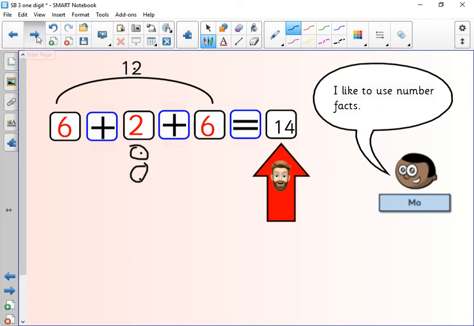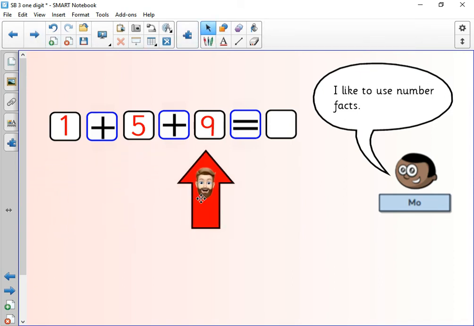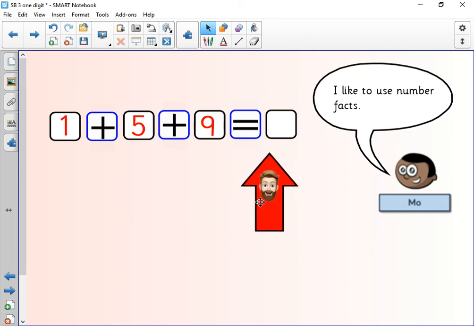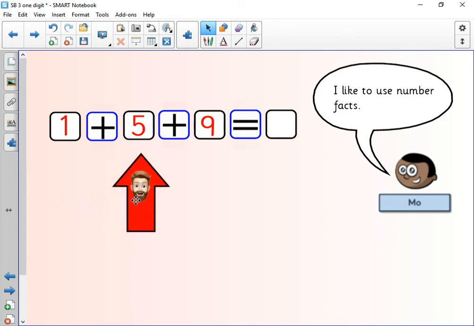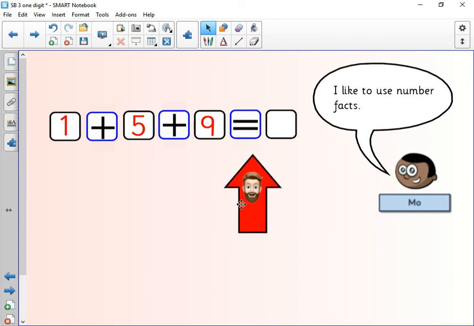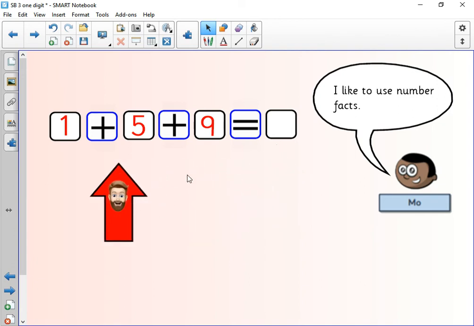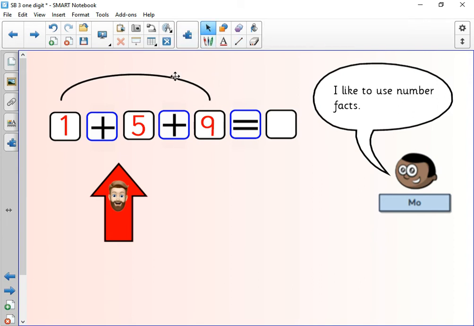One more practice. Look at the calculation. Read the calculation. 1 add 5... Right, where's my number fact? What's the number fact that's going to help me work this out really quickly? Brilliant. Did you spot that 1 and 9 make?